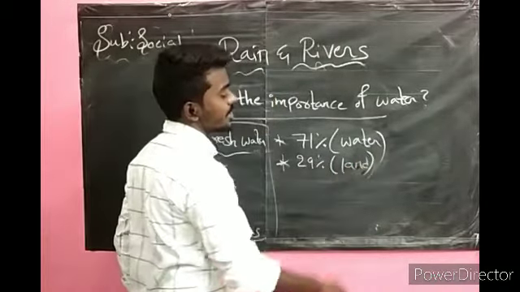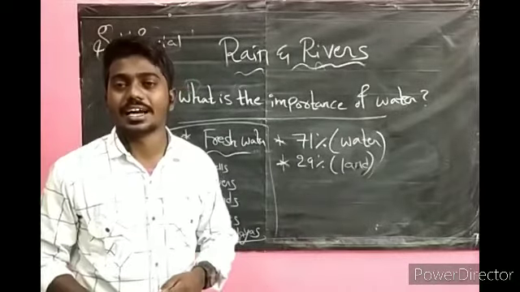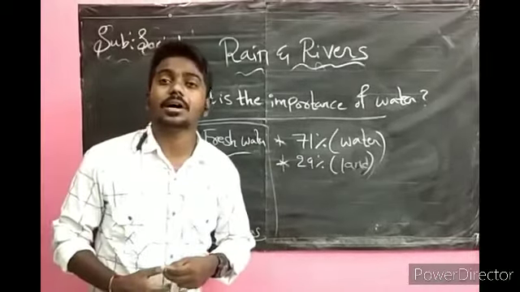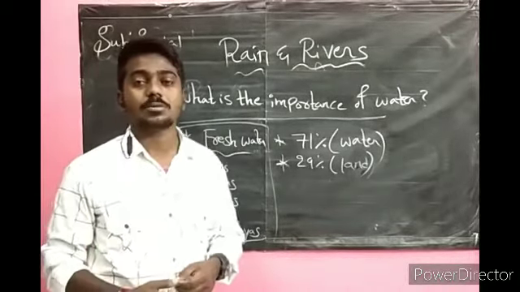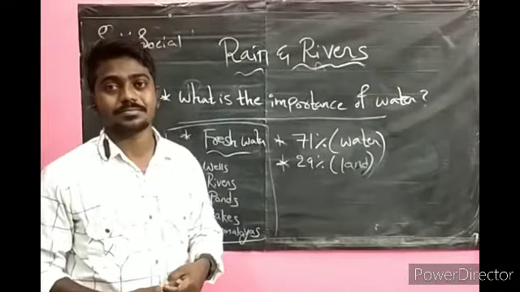Only 29% of land, but 71% of water on our earth. Almost double, we have water only.